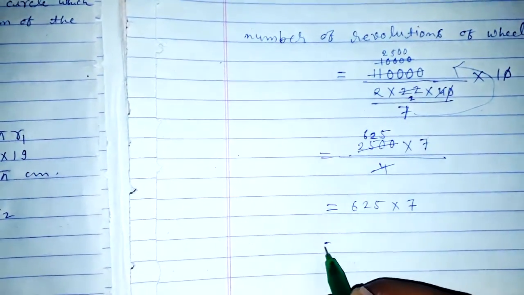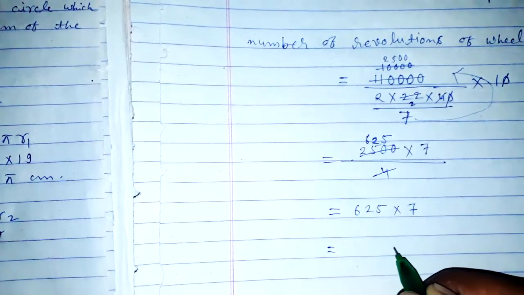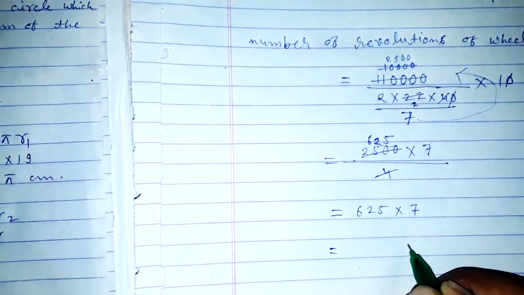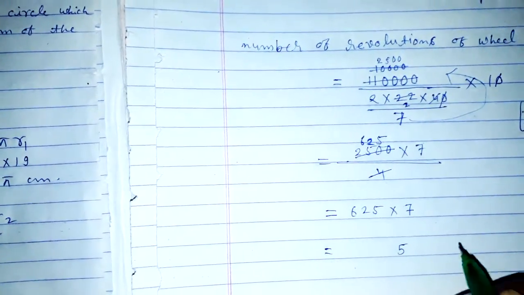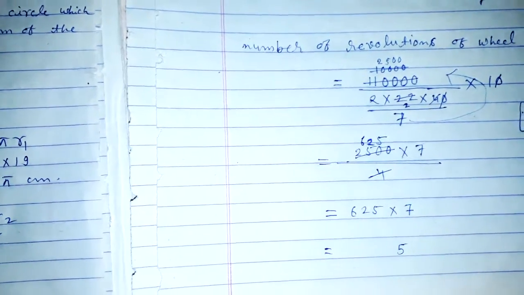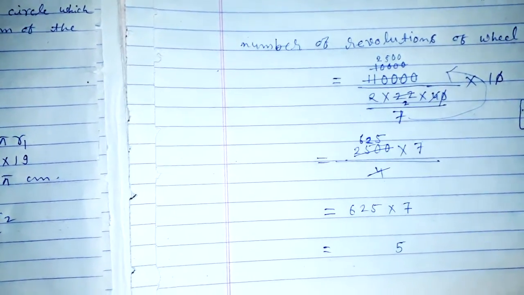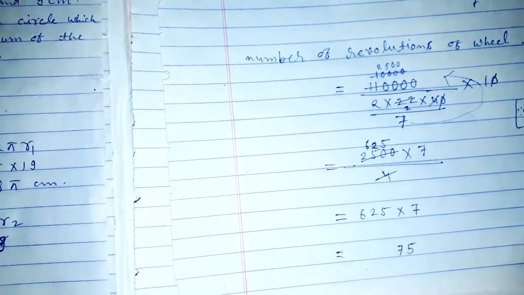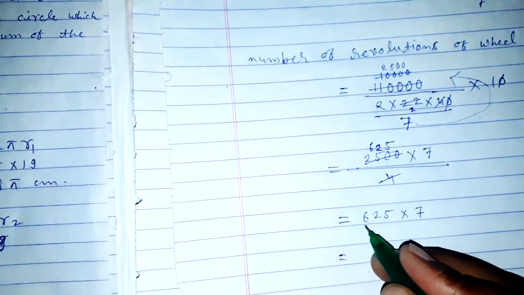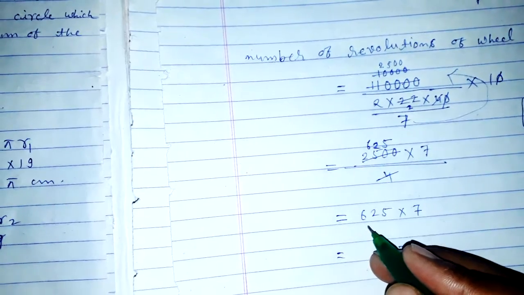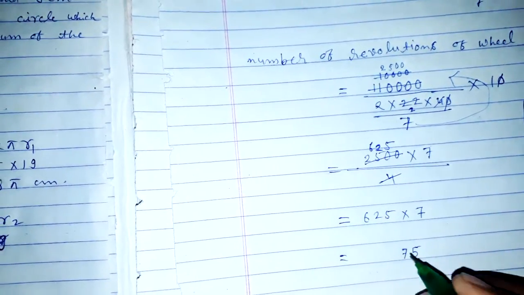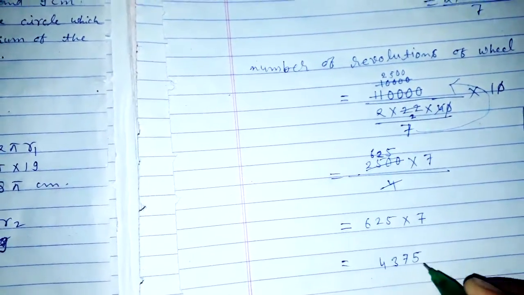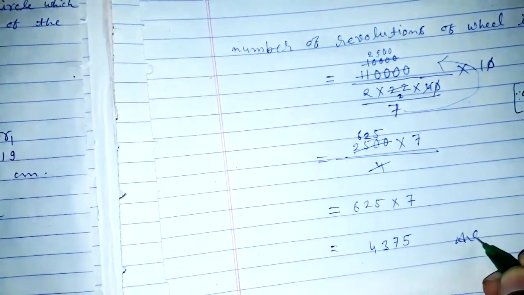Multiply by 7: 7 5s are 35, so 5 carry 3, 7 2s are 14, 14 and 3 is 17, 7 and 1, and 7 6s are 42, 42 and 1 is 43. This is the answer.